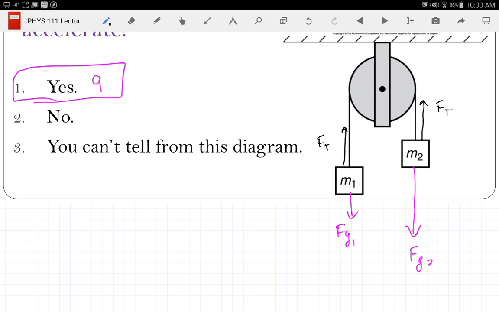How do I figure out what the acceleration is going to be for something like this? You need to know how much the mass is. Okay, I'm going to need to know the masses if I'm going to get a number.